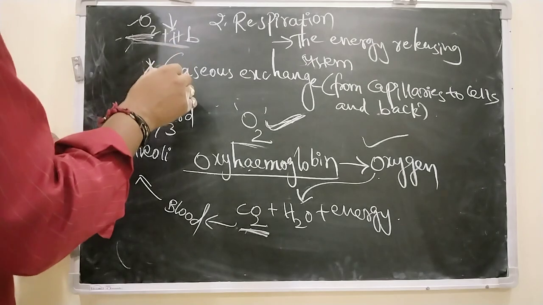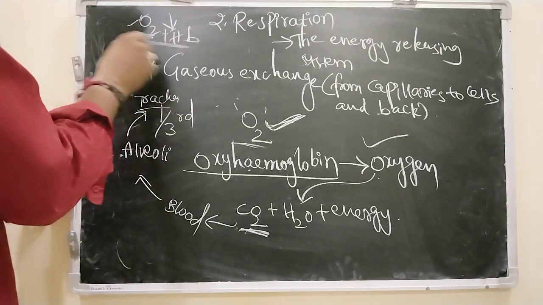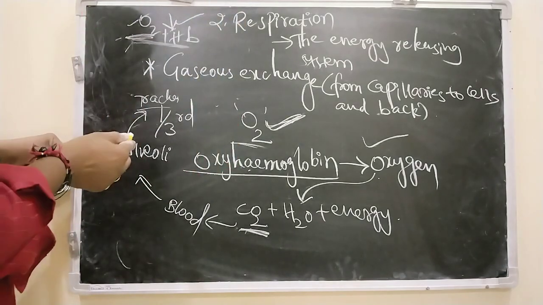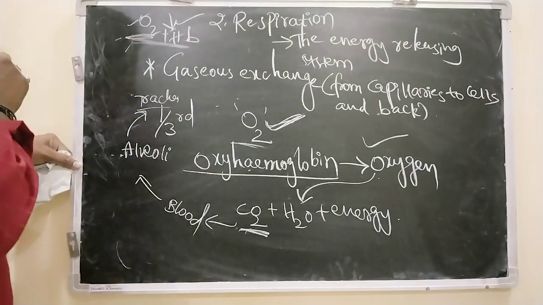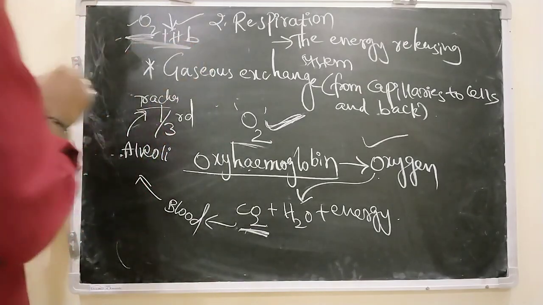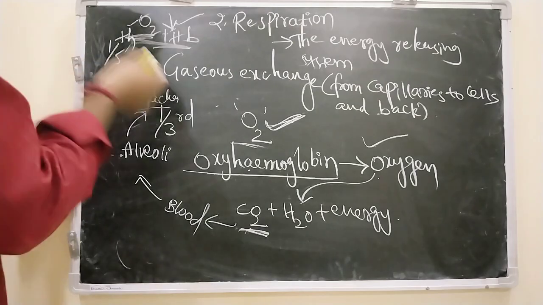Why? Because the person needs energy. To give that energy, each and every oxygen molecule combines with hemoglobin. As a result, there is very less oxygen in that area. At such a great height, there is very less oxygen, almost one-fifth of the oxygen is low.